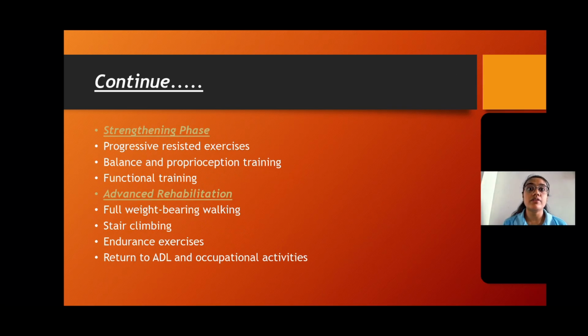In the strengthening phase, we give resisted exercise, balance training, functional training, etc. Advanced rehabilitation includes full weight bearing, walking, stair climbing, endurance exercise, ADL, and occupational activities.